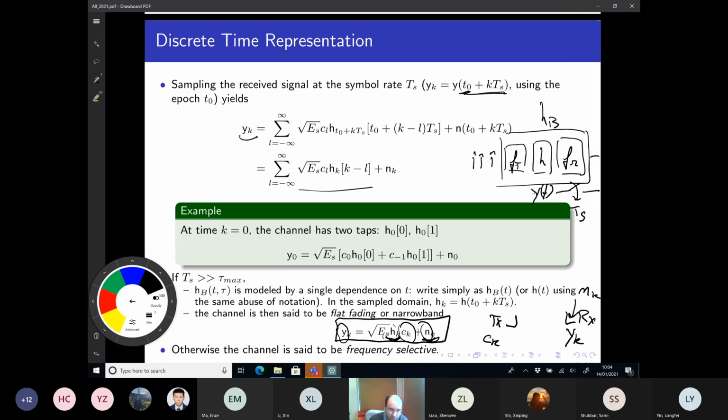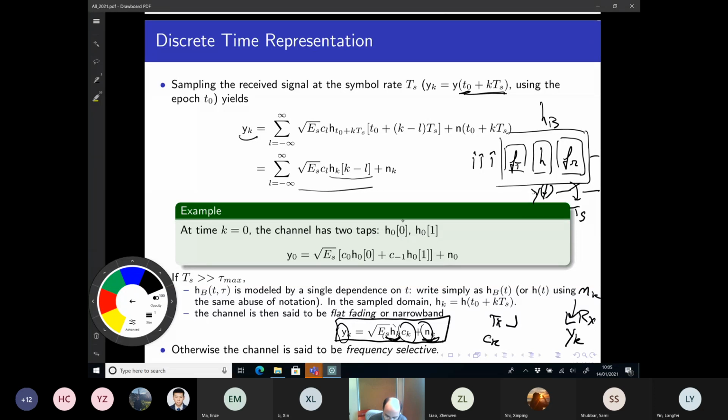Imagine you're at time k equal to 0 in this expression, but you have two taps. So this quantity is non-zero only for two values of L, right?